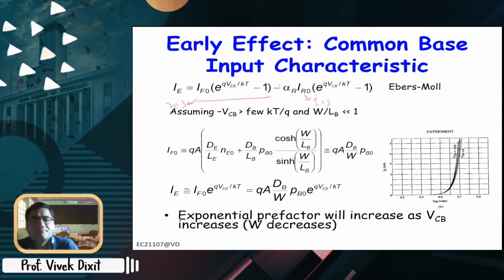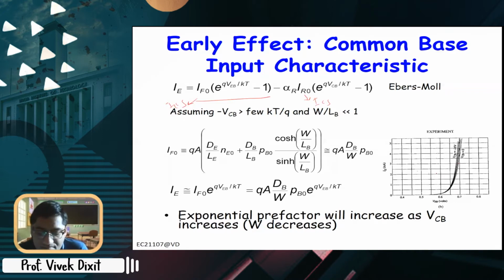So IF naught is the same as IES, and IR naught is the same as ICS, a kind of reverse saturation current. So this is from the model we discussed in the last class.